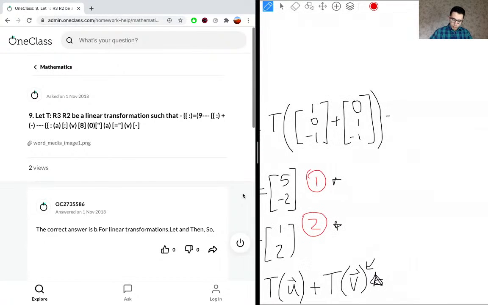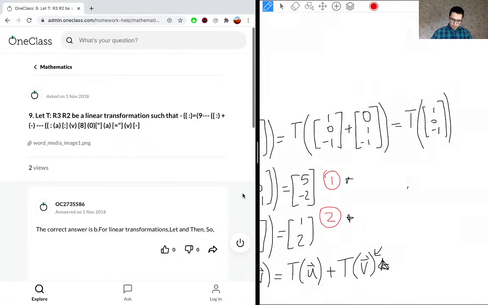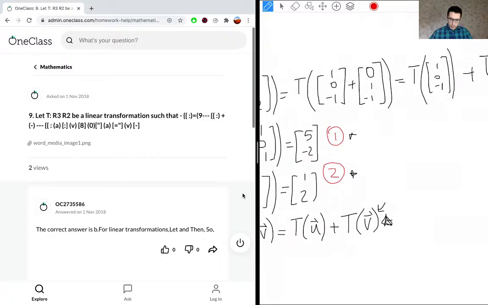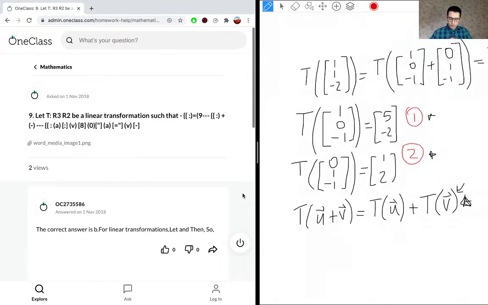So we'll keep going over here. We'll say T of (1, 0, -1) plus T of (0, 1, -1). So we got these two. We can go back and just sub this in and sub this in to find the solution.